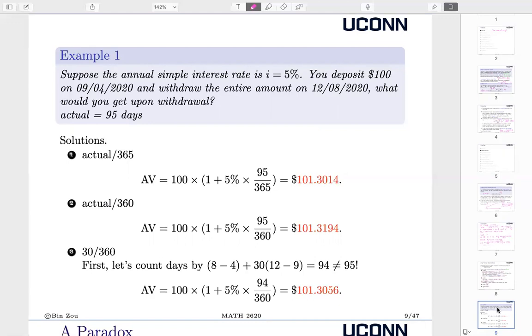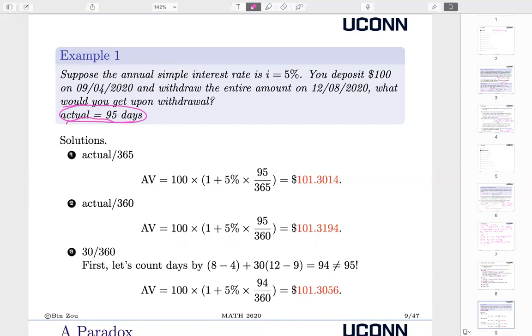Of course, the first thing you need to do is, depending on the rule, if you want to know the actual days, I actually give this number to you. If not, you need to get a calendar and count how many days there are between these 2 dates. Many software like R and MATLAB have built-in functions to get you the actual days between any given dates, no matter how crazy in the future or how crazy in the past those 2 dates are. The software can quickly get the answer.